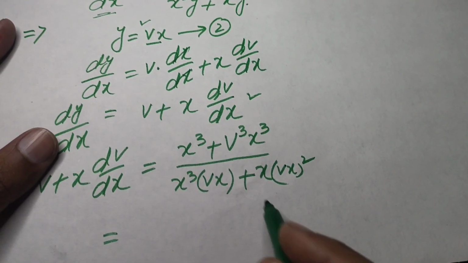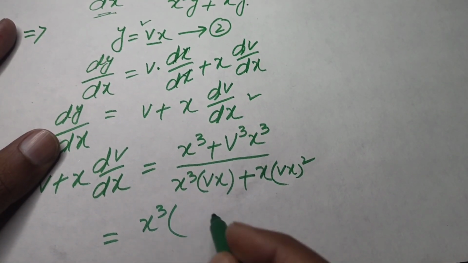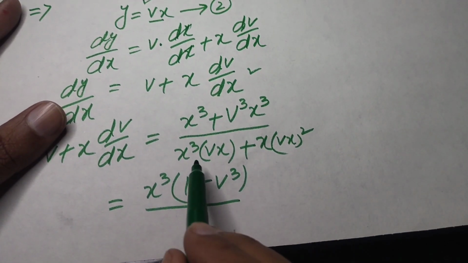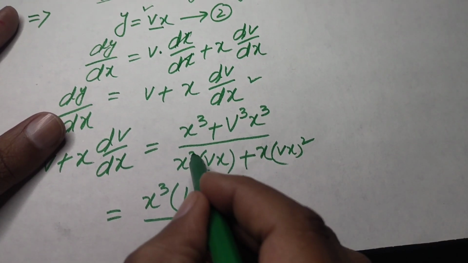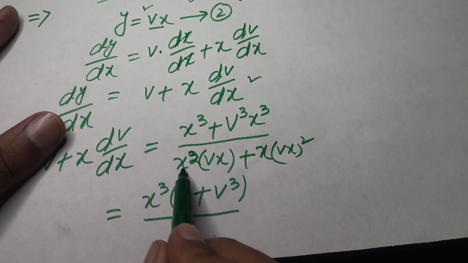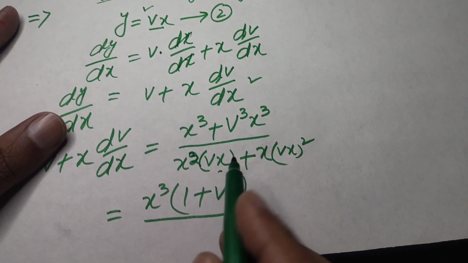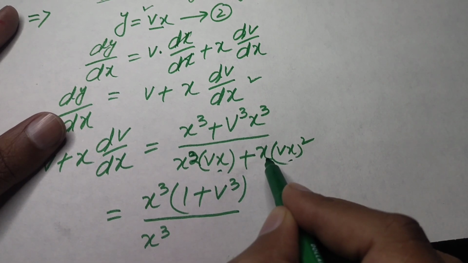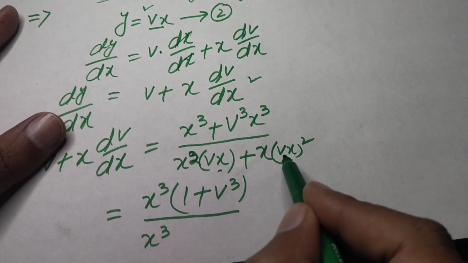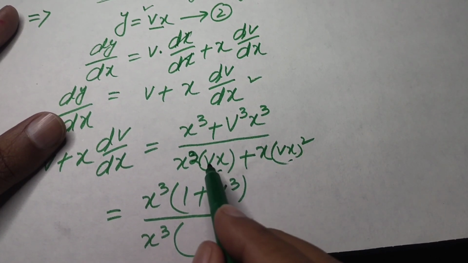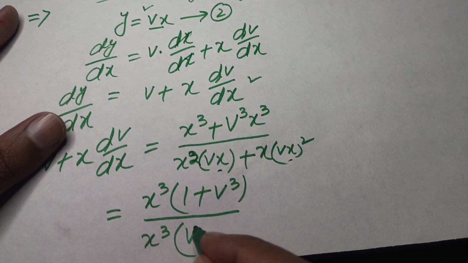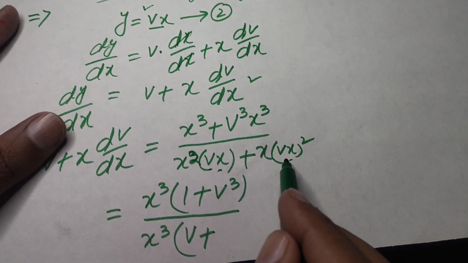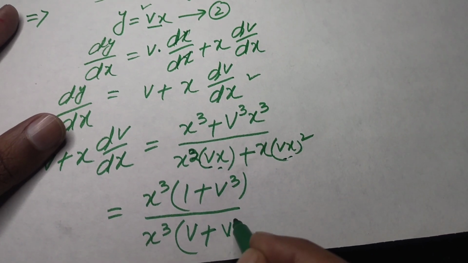After that we take x cube common in the numerator, and we obtain x cube into (1 plus v cube). In the denominator, x square multiplied by x becomes x cube, and likewise the other term also becomes x cube, so we take this x cube common, and the remaining terms are v plus v square.